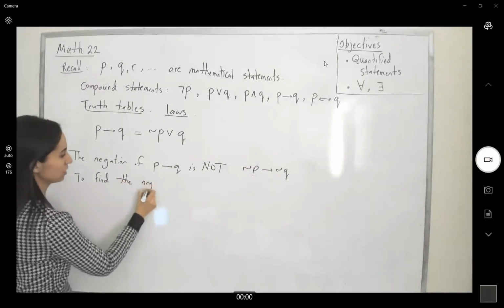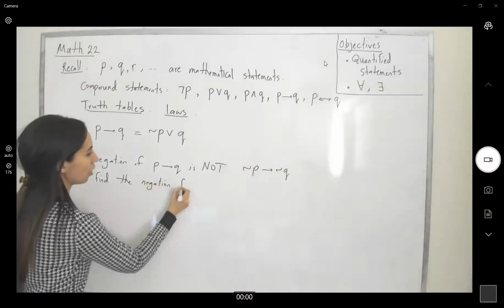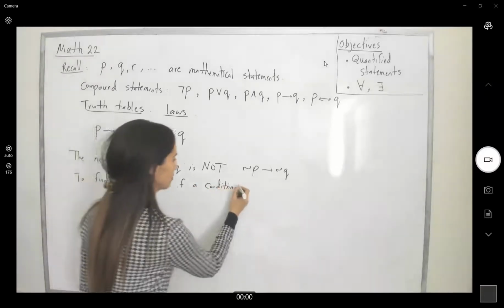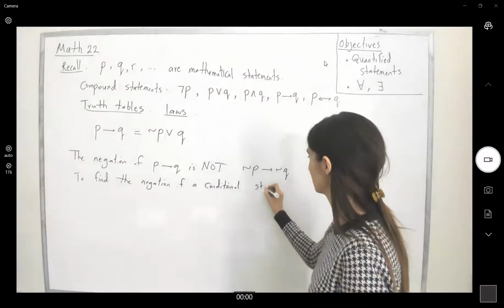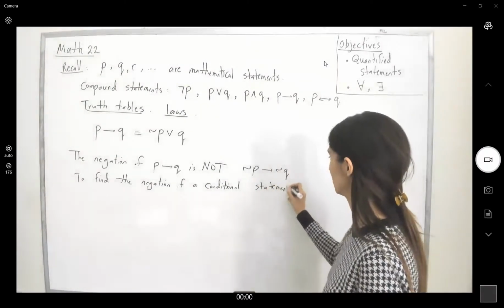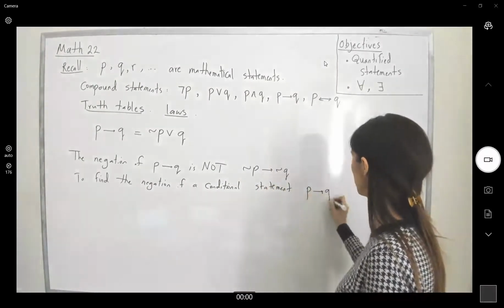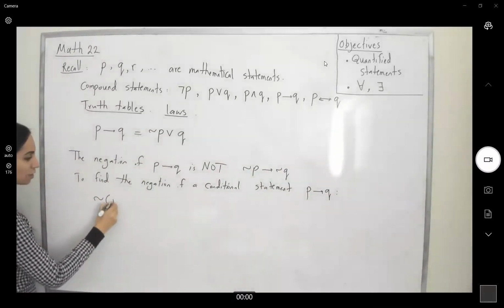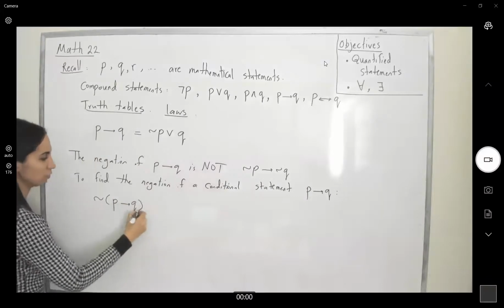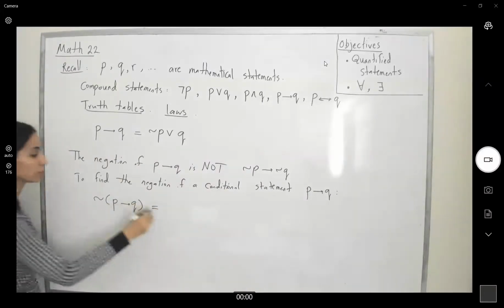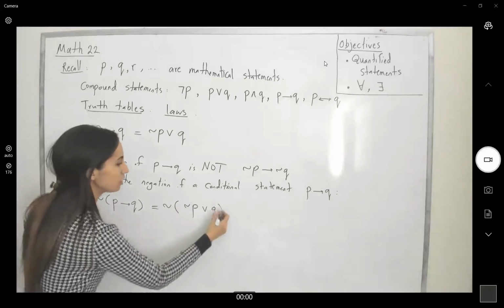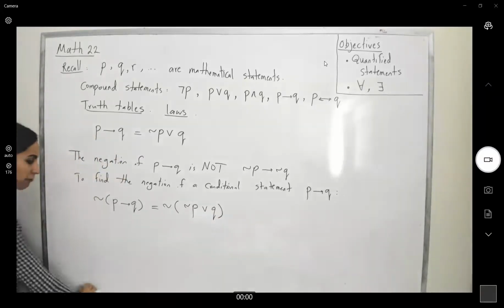To find the negation of a conditional statement, for example P then Q, we are following this. We say that not (P then Q) first needs to be written as not (not P or Q). This is the very first step.